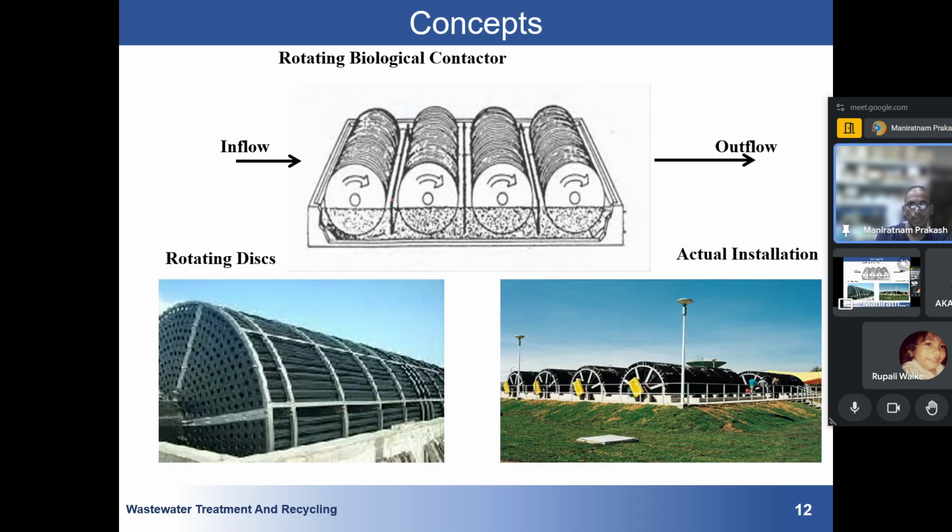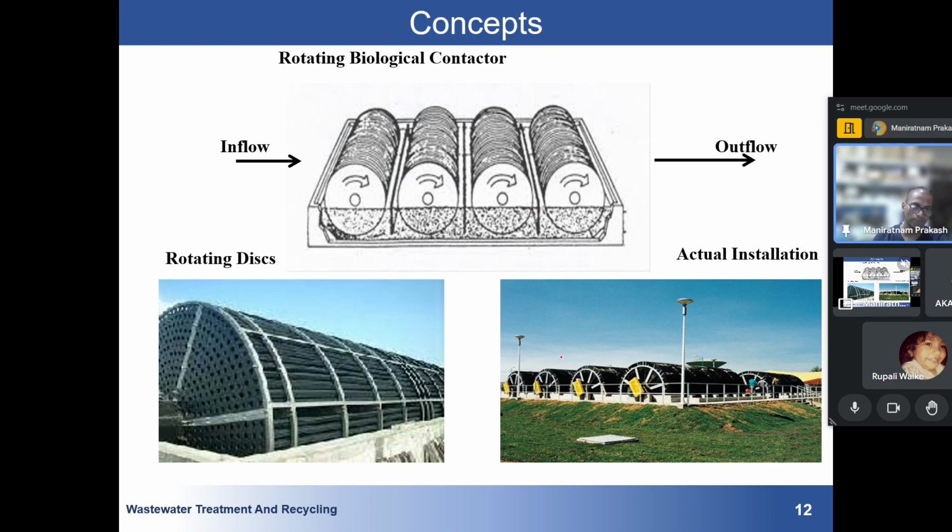Then with this we have a rotating biological contactor. This is a kind of attached bioreactor. Okay now, so you can see these are rotating films, and here is the real picture. It's not visible in this picture, but these biological discs will contain some microbes, and an inflow containing organic matter will pass through the different units.